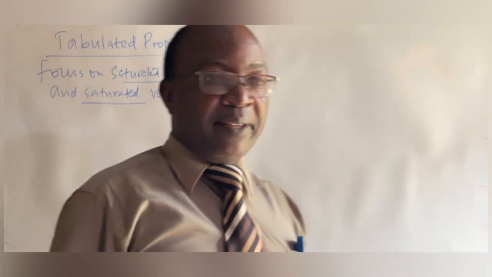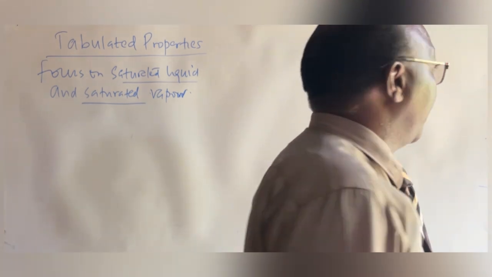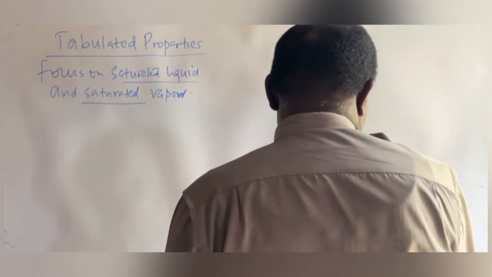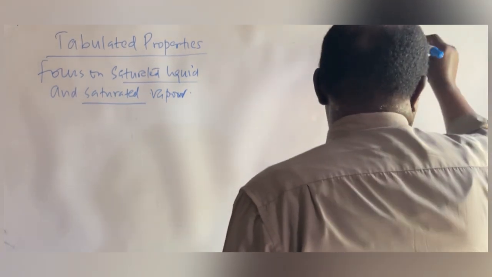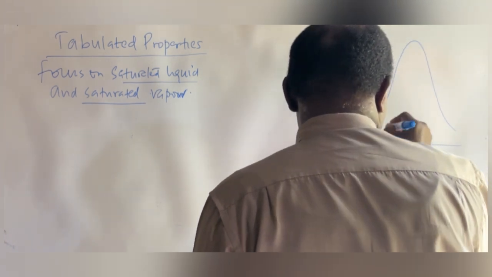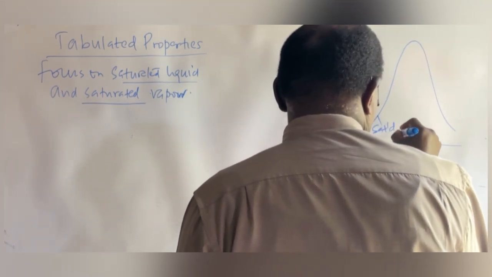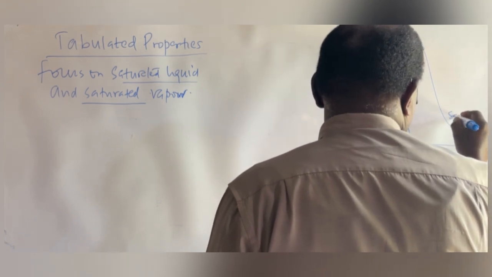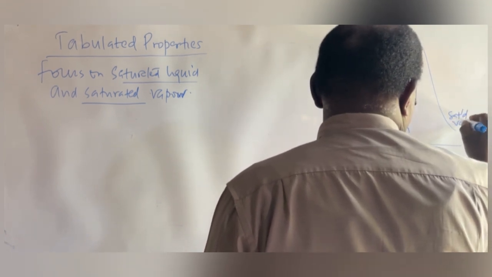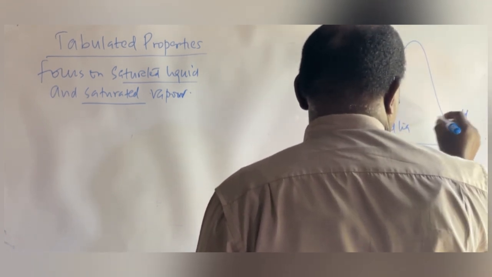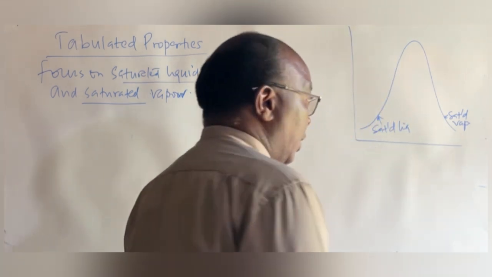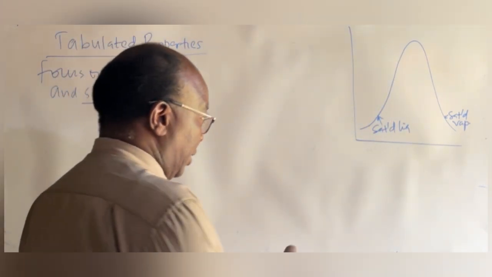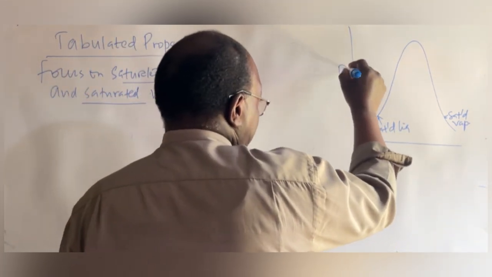If you remember, we have the pressure volume curves, that's saturated liquid, that is saturated vapor. So the matrix can be pressure volume.